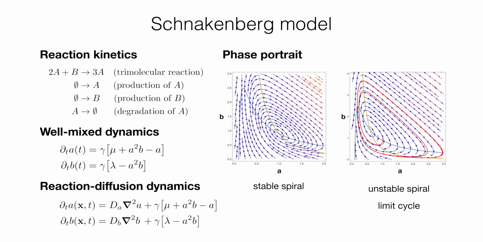So what Swift-Hohenberg was assuming is that you have these sets of reactions.